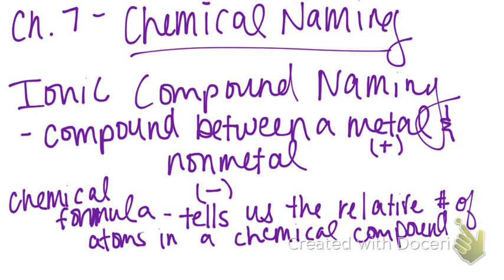Okay, I want you to look at your periodic table, either the ion side or the regular side, it doesn't matter, but I want us to review a little bit of valence electrons before we get into the naming part of it. So valence electrons, go ahead and look at your periodic table.